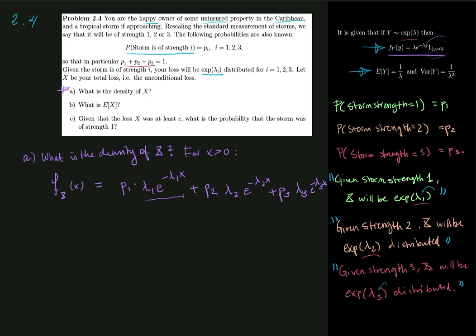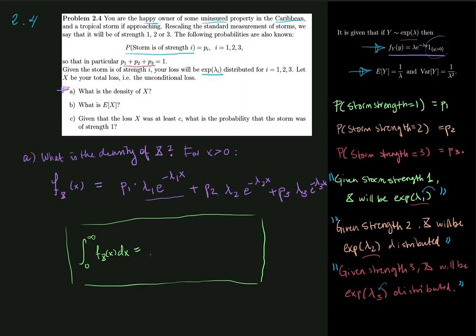So let's just check that out for a moment here inside a little box. What happens if I integrate the density of X from 0 to infinity? And it's okay just from 0 to infinity because the density is 0 below 0 here. So let's see what happens.